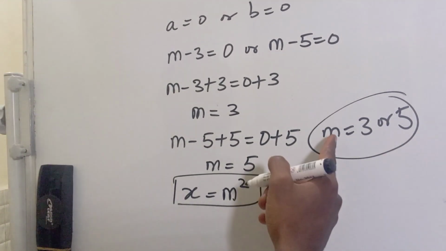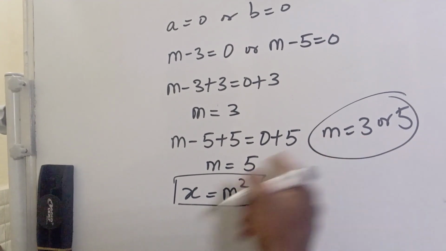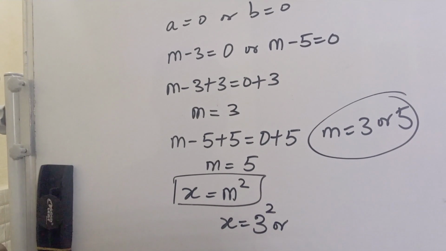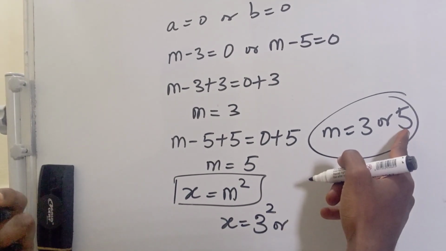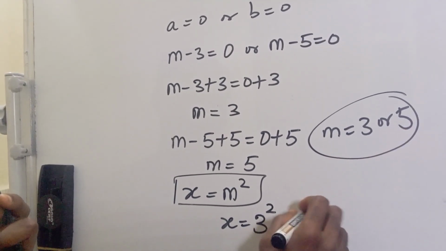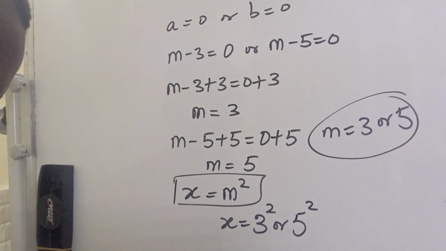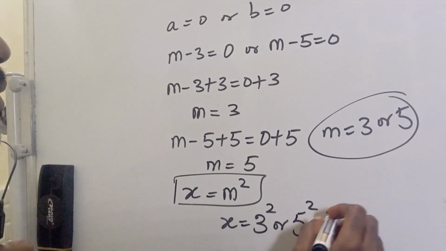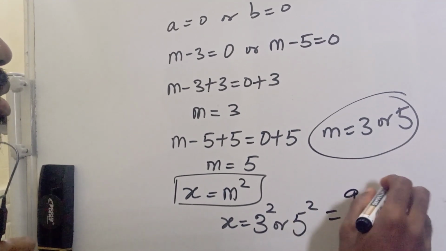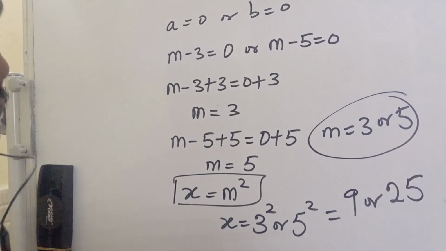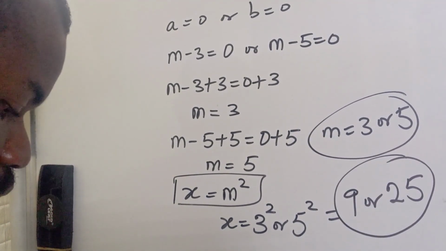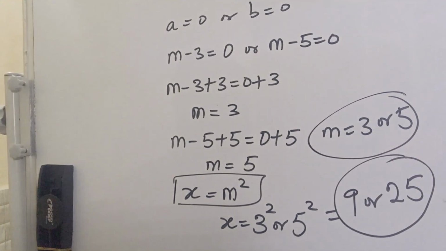So I'm going to substitute m as 3 here, so x will be 3 squared, or substitute m as 5, we have 5 squared. So our answers to this problem are 9 or 25. So these are the solutions to the equation that was given.